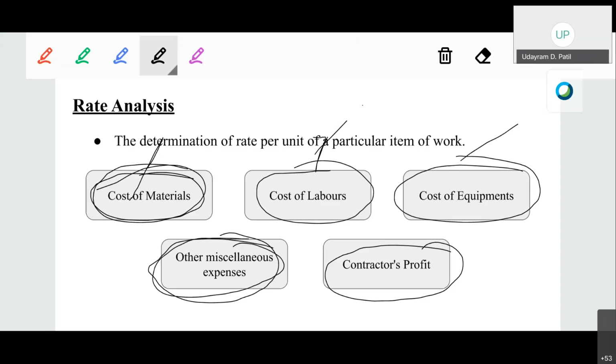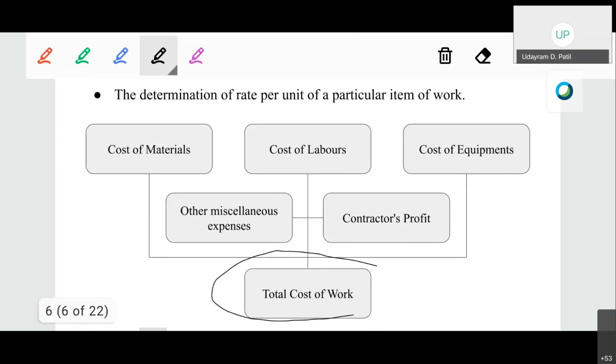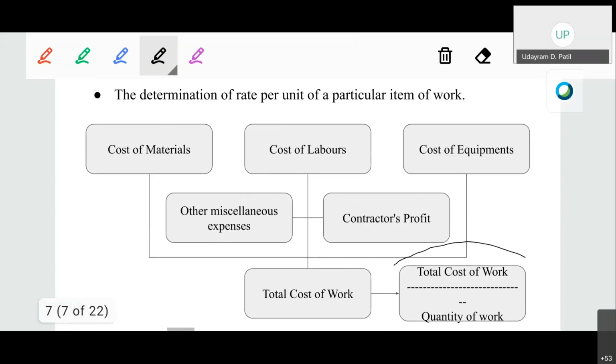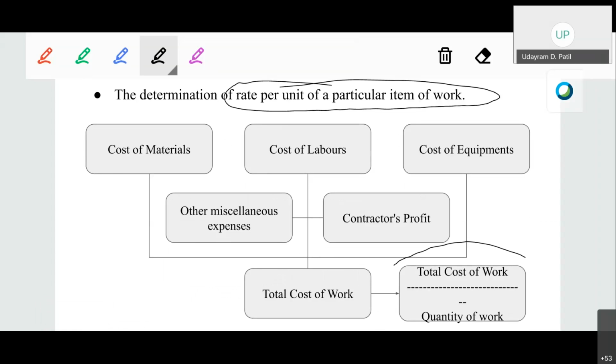Overhead total cost of that 10 meter cube brickwork. From that total cost, that is the cost of the 10 meter cube brickwork, I'm going to calculate the unit cost, or the rate per unit of that particular item of work, by dividing the total cost of the work by the quantity of the work.